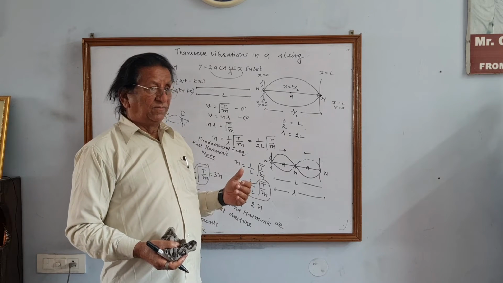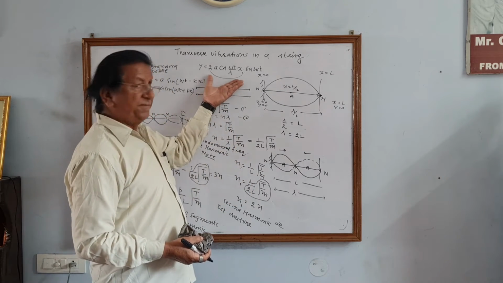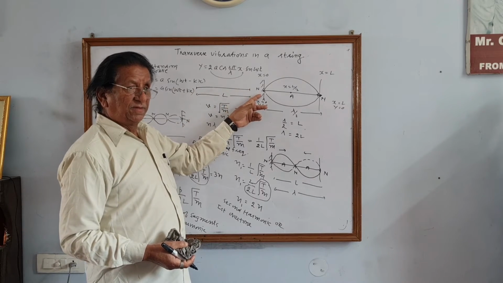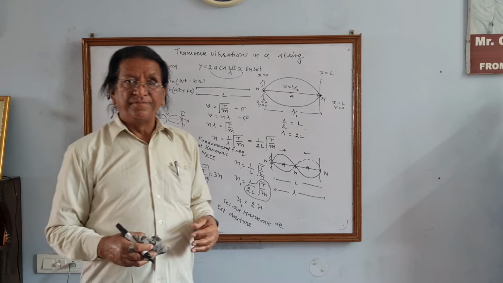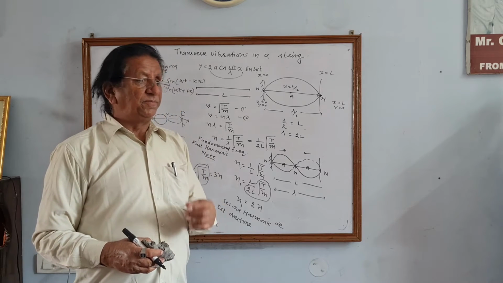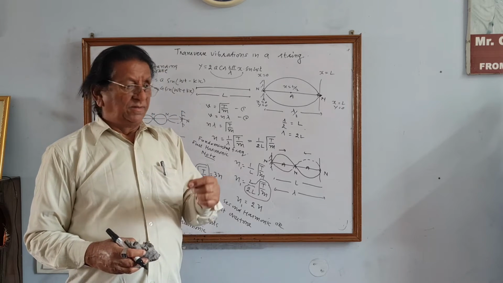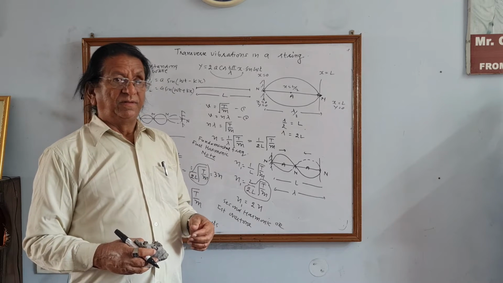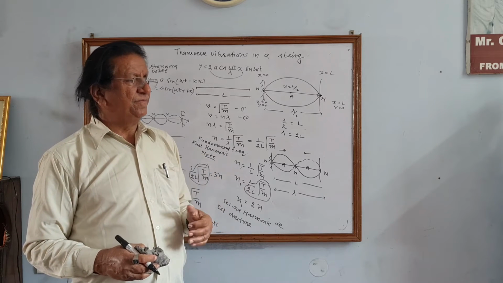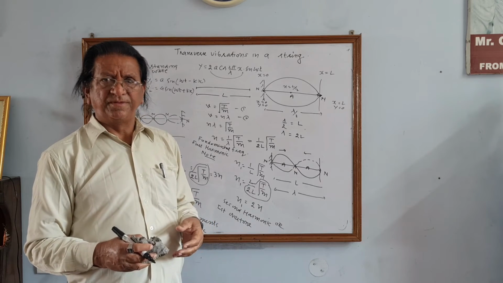Okay. So where a standing wave is formed, there will be either a node, meaning at that point where two waves coming from opposite directions reach at the same time, that point will not be allowed to oscillate. Pressure will become maximum. Displacement will become zero.